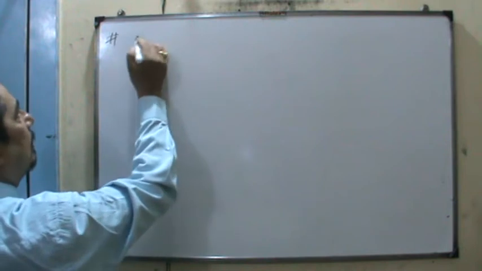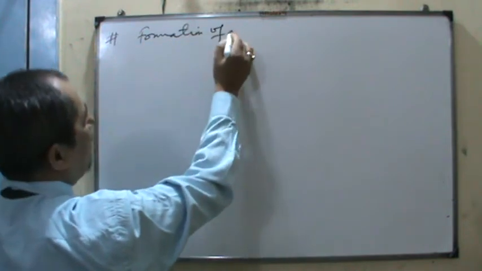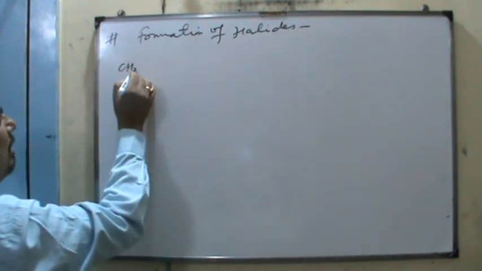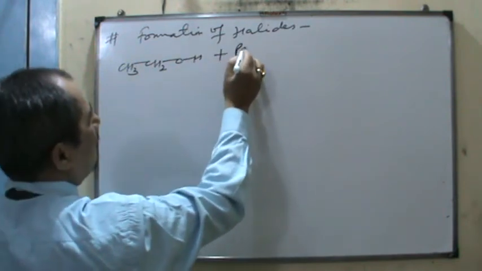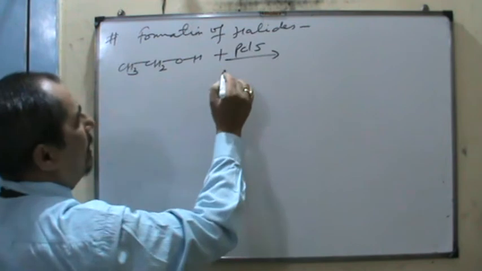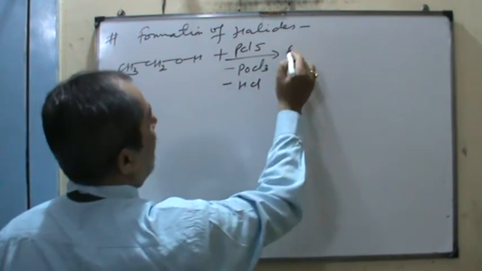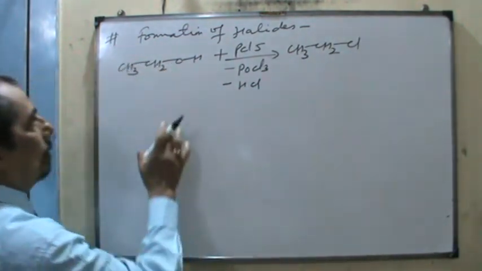So now next is the formation of halide, right? CH3CH2OH plus PCl5 minus POCl3 minus HCl, CH3CH2Cl, ethyl chloride.